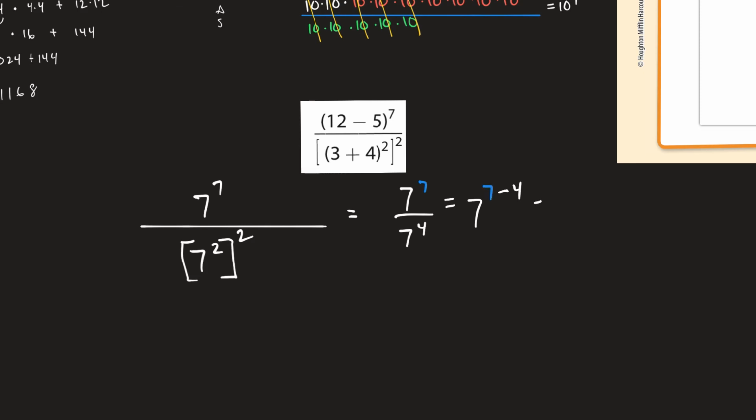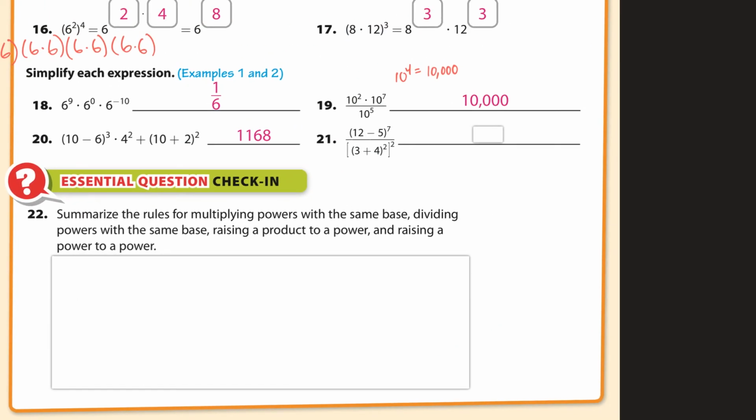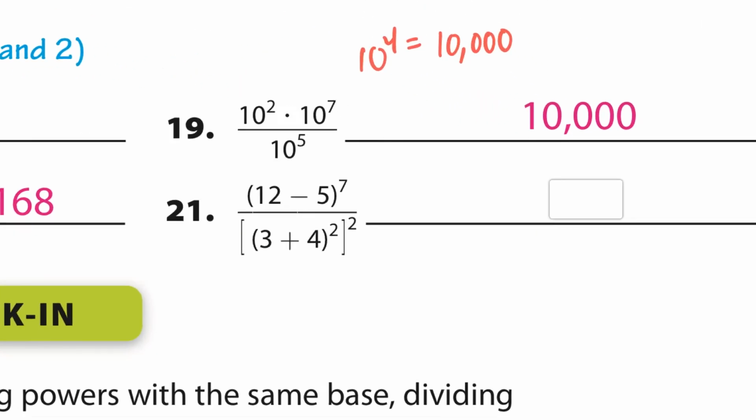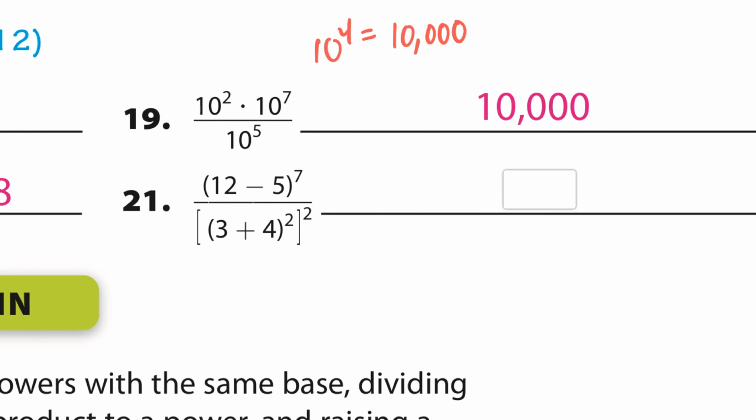And then what we have is 7. 7 minus 4 is 3. That should be 7 to the 3rd. And I happen to remember that I think that's 343. So the answer is either going to be 7 to the 3rd or 343, because 7 times 7 times 7, right? That's 49. 49 times 7 is 343. Don't ask how I know that. So that's what we're looking at for this. And here I'm going to remove that 343.